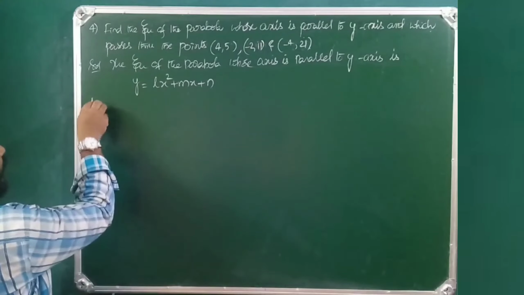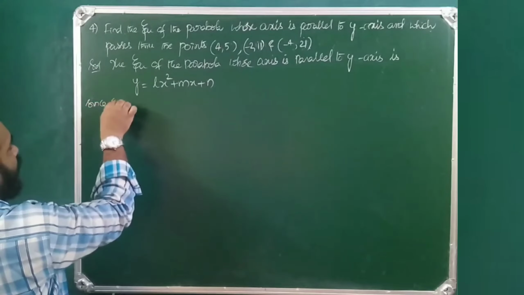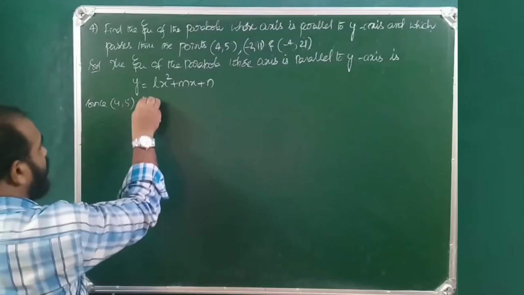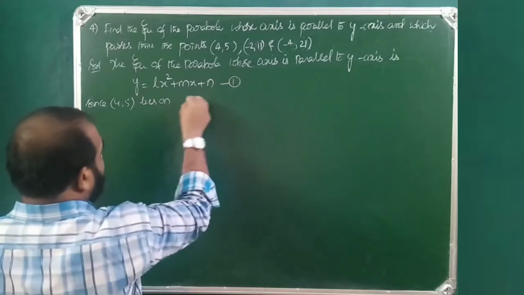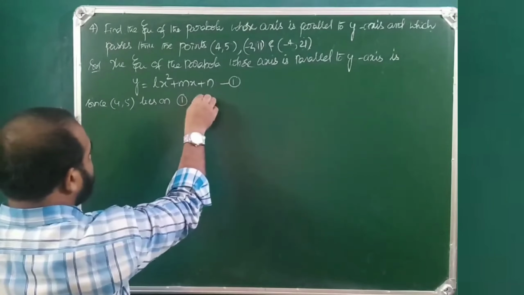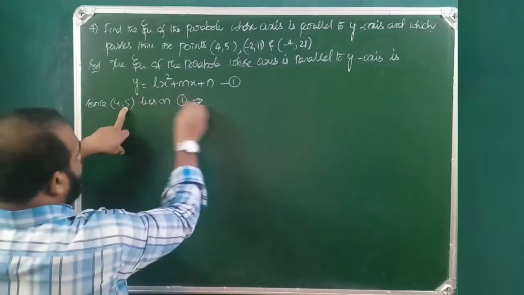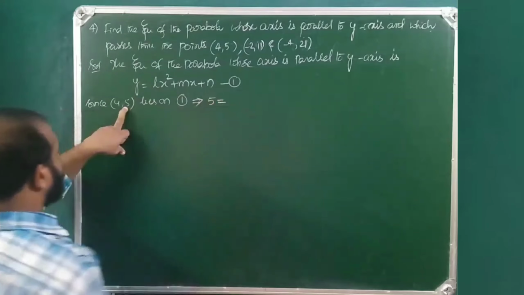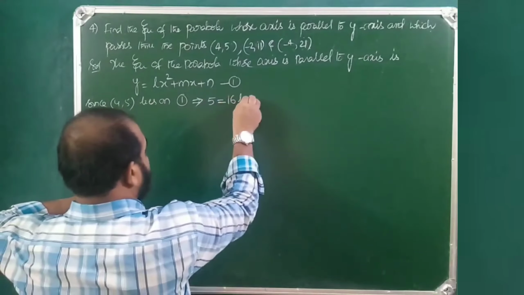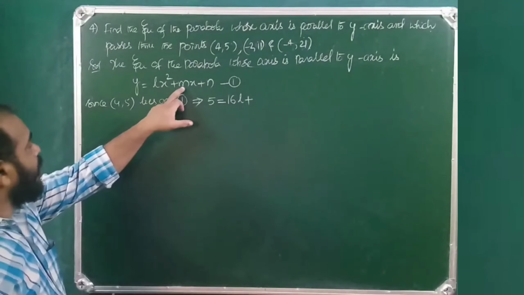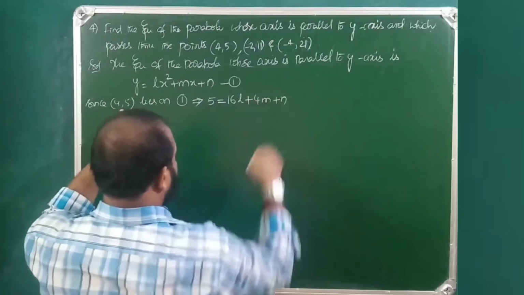So 4 comma 5, since 4 comma 5 lies on it, implies y is equal to 5. Here x is equal to 4, square 16 into L, 16L, plus m into 4, 4m plus n.